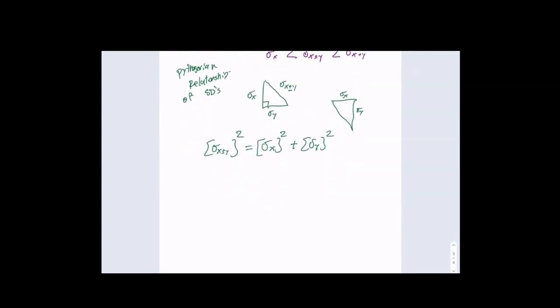And therefore, the standard deviation of x plus or minus y is equal to the square root of the standard deviation of x squared plus the standard deviation of y squared. And that is my formula.